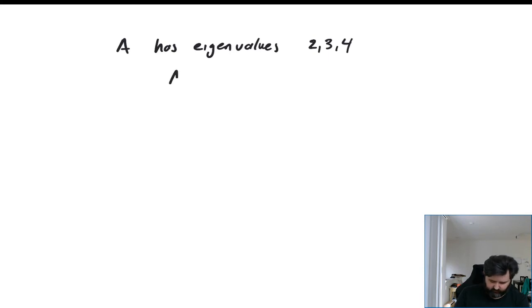So if you have A minus I times, let's suppose, it doesn't say 3 by 3. Okay, let's just say that x is an eigenvector.